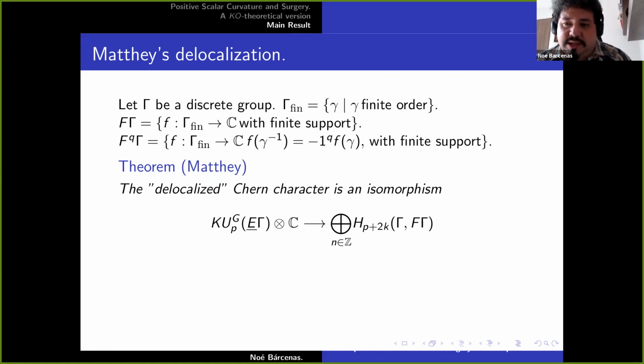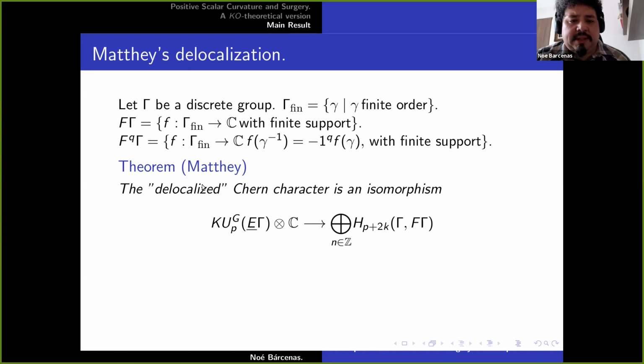But since we are dealing implicitly with equivariant KO theory over here, we also have to keep track of possibly quaternionic or whatever conjugacy classes, and this is a way of concentrating on the aspects of the conjugacy classes that we need.